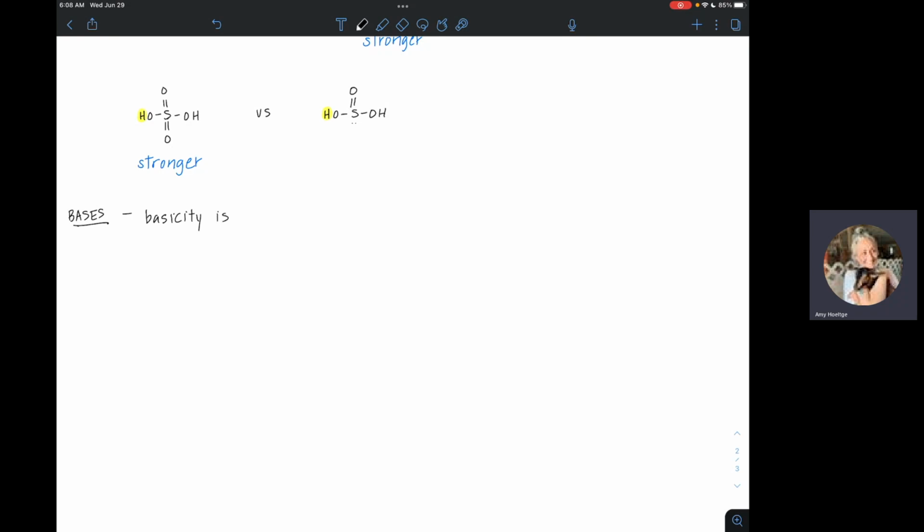Basicity is a measure of how readily a species can remove a proton from another compound.